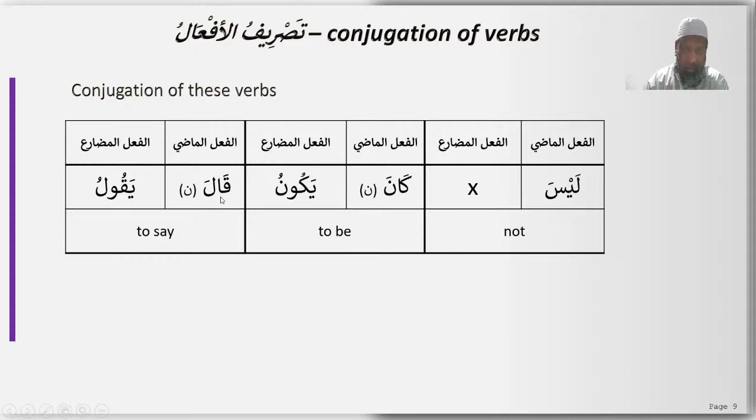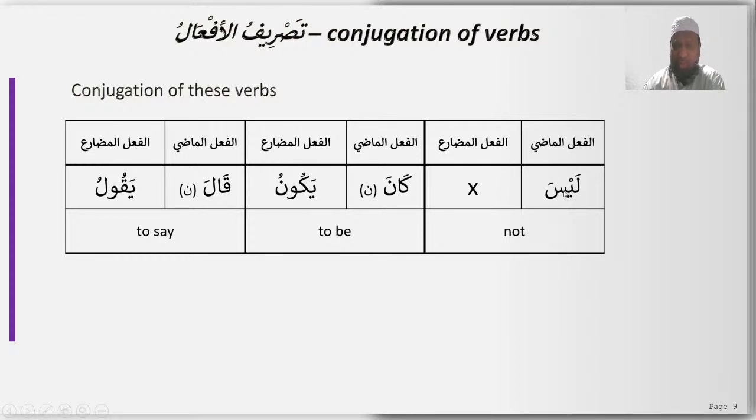in فعل الماضي. So these two, ليس and كان, are from الأفعال الناقصة or كان وأخواتها. These two only come in جملة الاسمية, مبتدا خبر, and the مبتدا becomes اسم of whatever فعل ناقص it is.